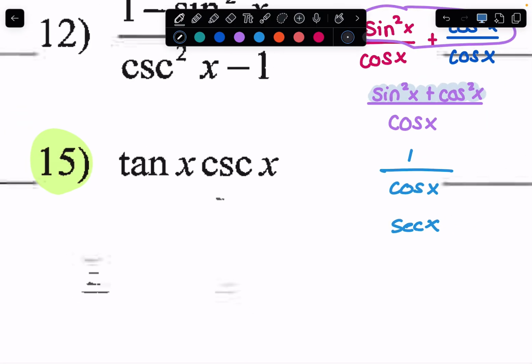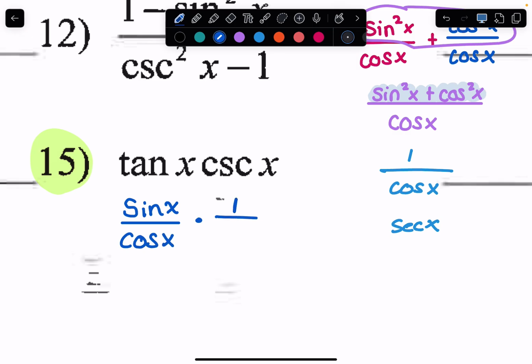This one should be much easier than what we just worked. What would I do? Everything is on cosine. What's 1 over cosine?